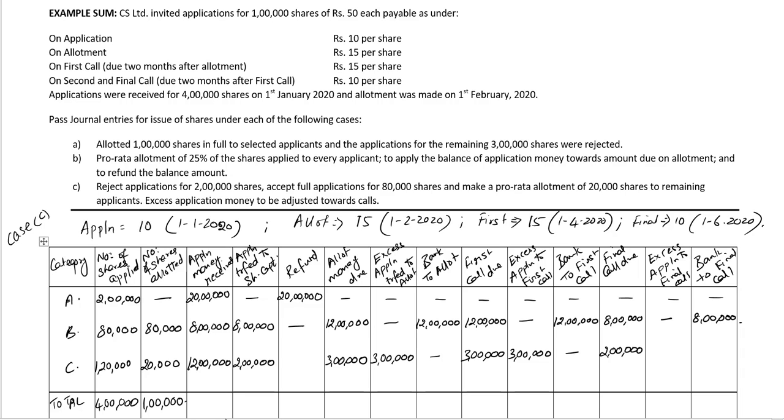Out of 4 lakh balance excess application money, we'll transfer 2 lakh rupees. Bank to final call is nil. There is still excess application money of rupees 2 lakh left. So we will put it in the refund column.